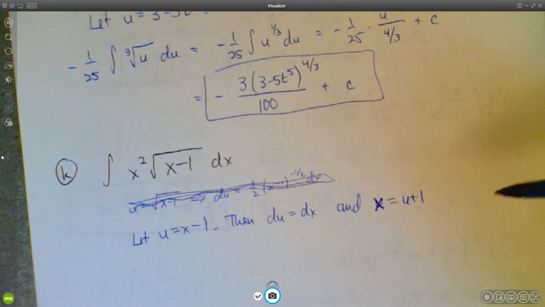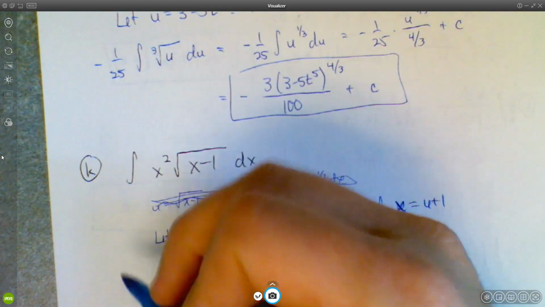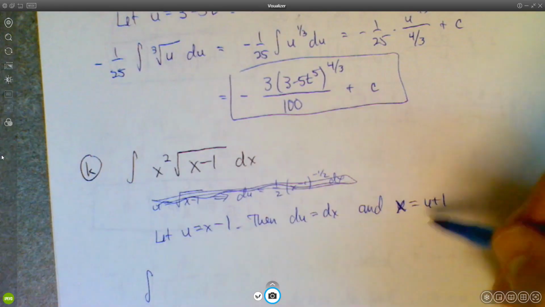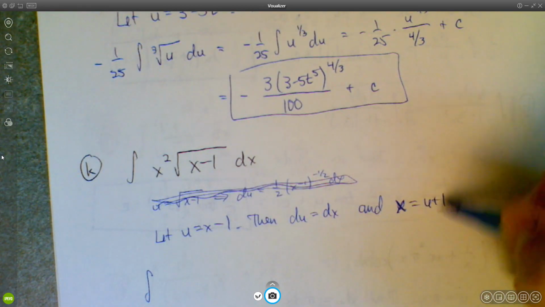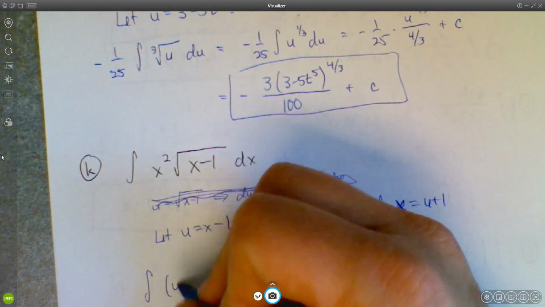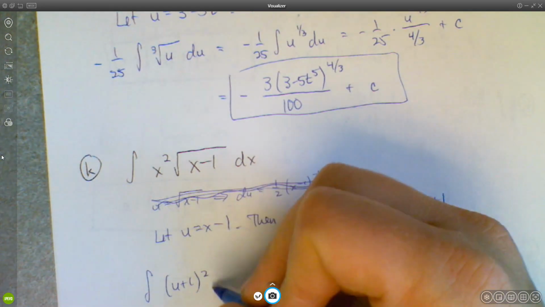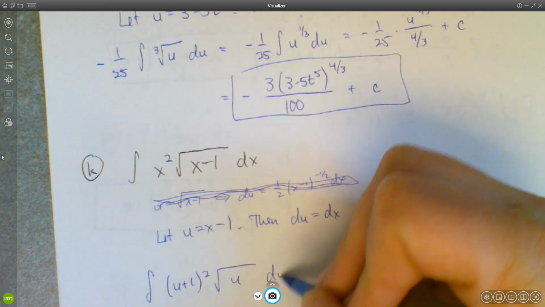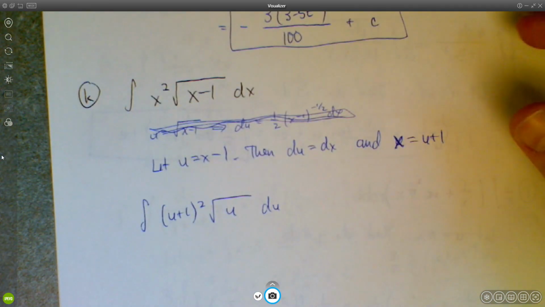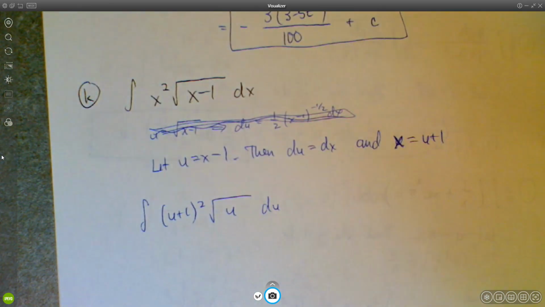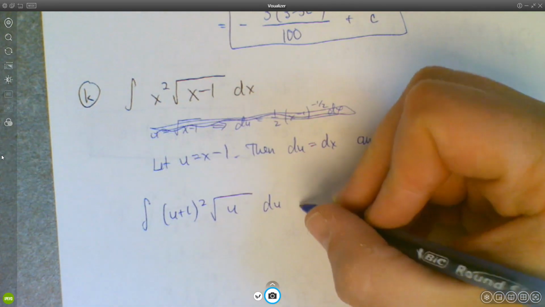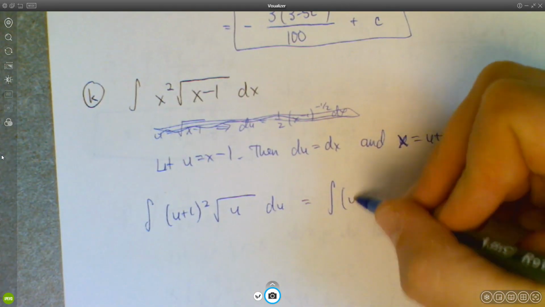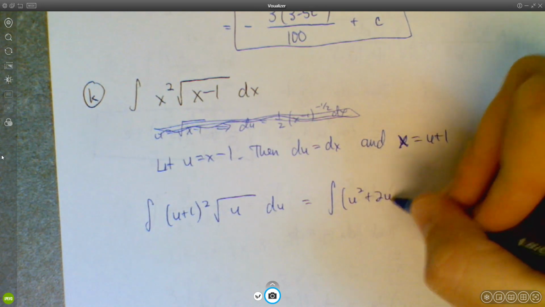Making my replacements, I'm going to have the integral of x squared, but remember you have to replace all of the x's with u, so it's going to be u plus 1 squared times the square root of u du. Now at first glance that may not seem very helpful, but notice that we can do u plus 1 squared pretty easily. That's going to be u squared plus 2u plus 1.